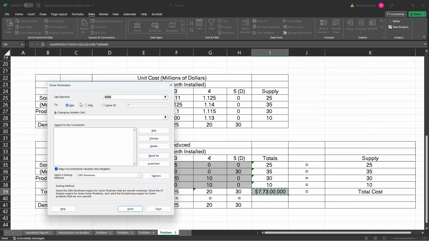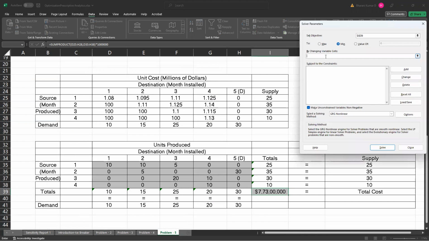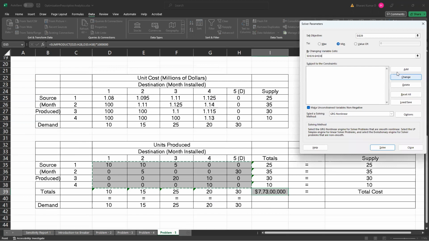Okay, you might want to minimize the total cost, right? So is this the right value? Yeah, that's the right value. Then by changing variables, what variables do you want to change here? By changing these variables. Okay, and then you need to add constraints, right? And you have a bunch of constraints which are available.